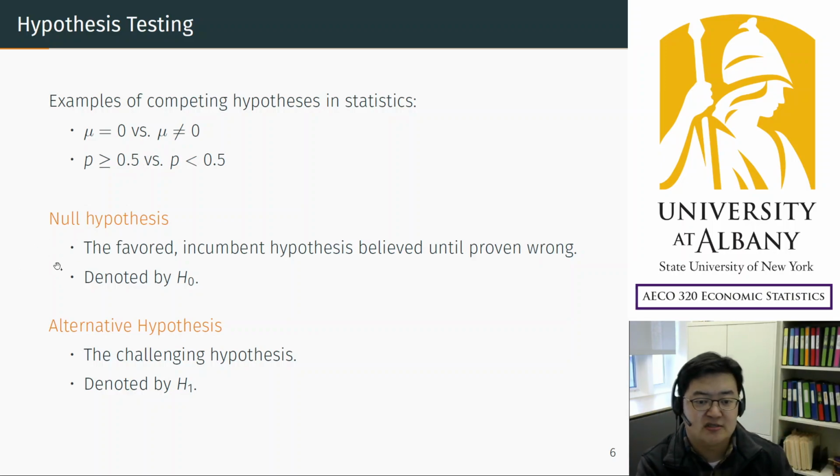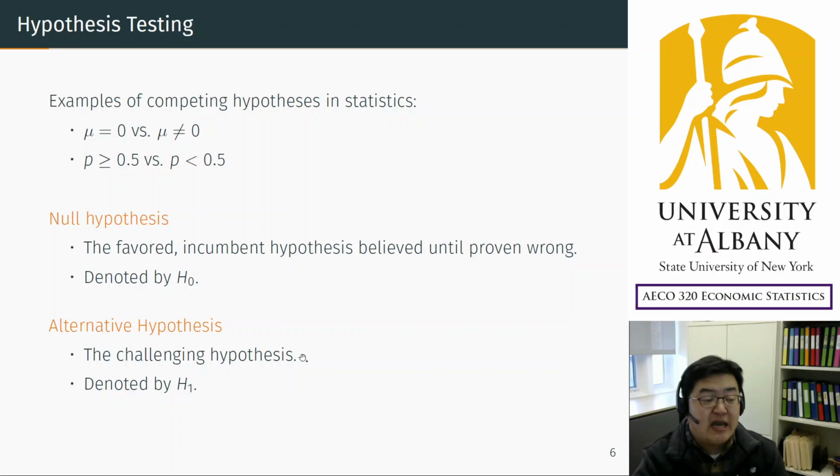So that's the null hypothesis. And the other side, the competing one, is the alternative hypothesis. The alternative hypothesis is the competing hypothesis, and it will be denoted as H1. Some textbooks use HA, but I will just use H1.